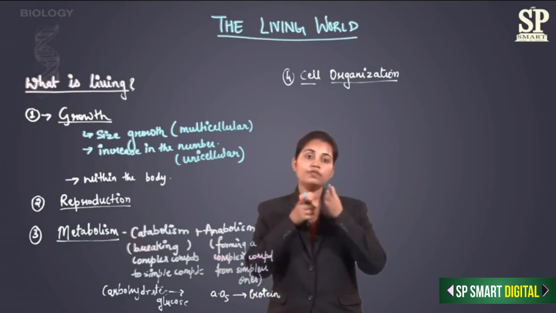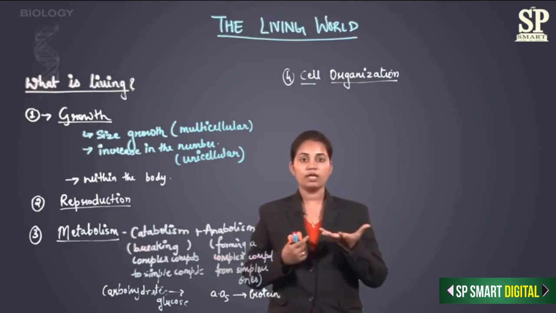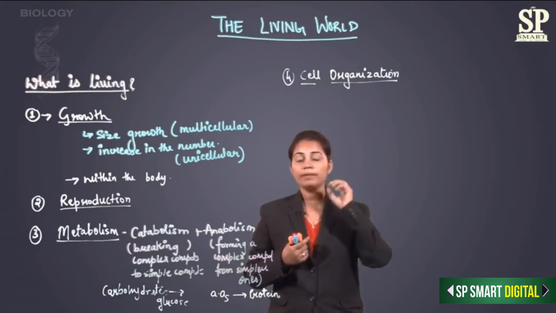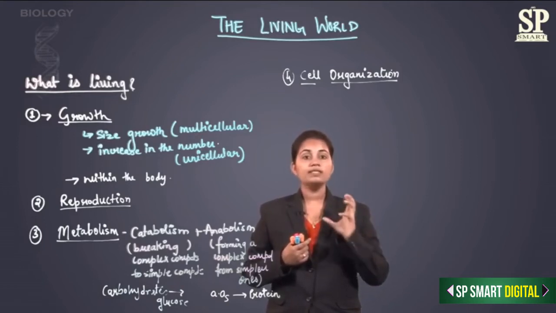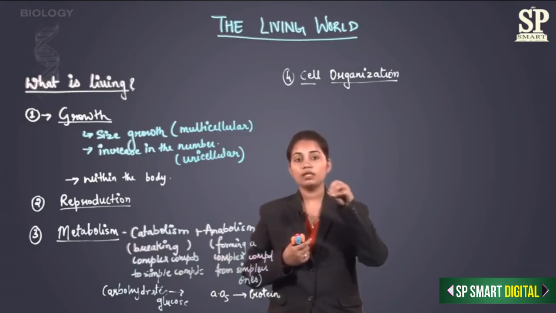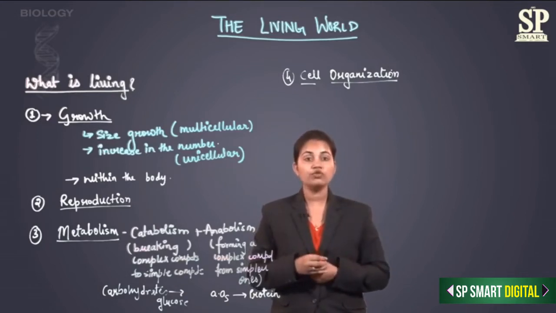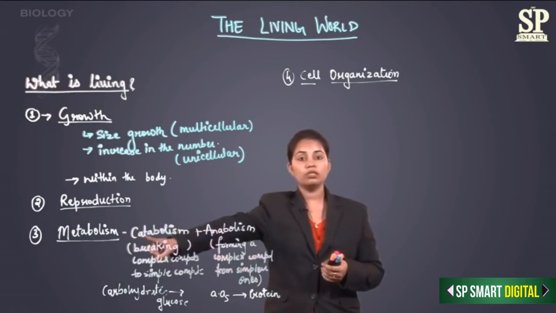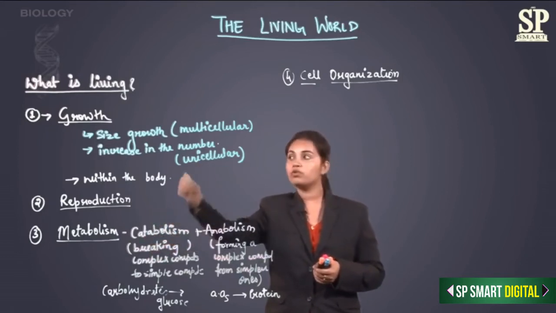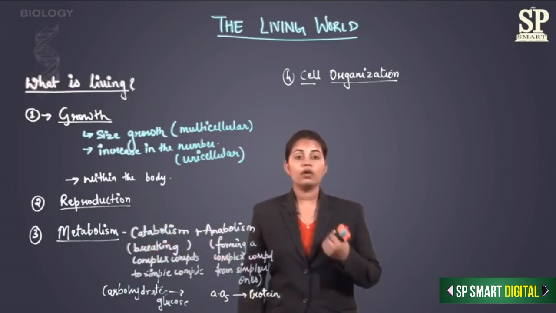So the organization of these cellular organelles within the cytoplasm of a cell is a very crucial part when I say a cell is living, because the arrangement and structure of these organelles is what performs the metabolism, the reproduction, and the growth of the organism.